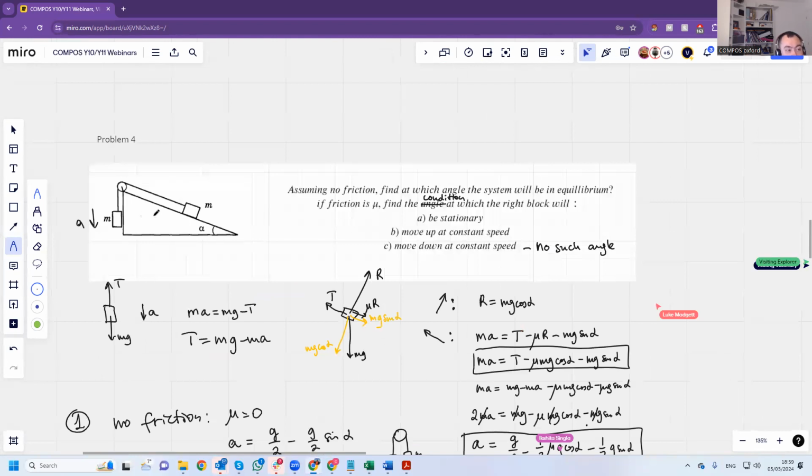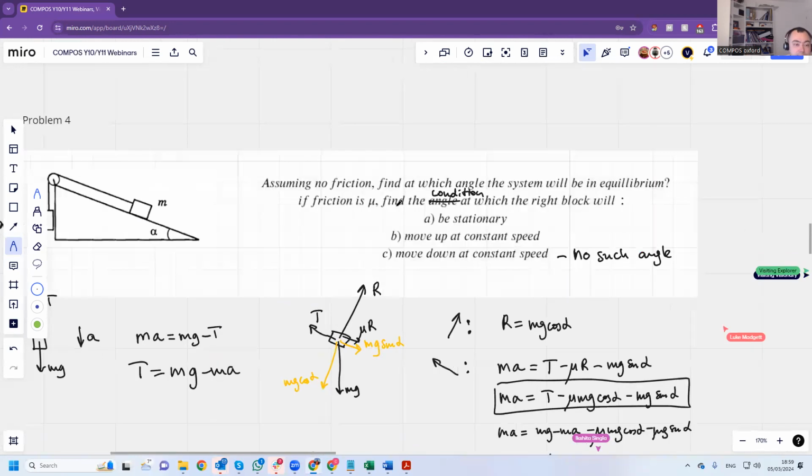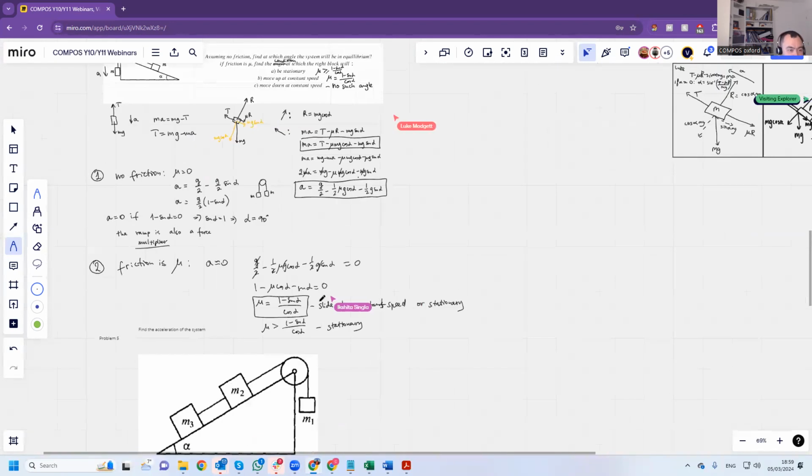You can only slide up or remain stationary if there's enough friction. And so mu is greater or equal to 1 minus sine alpha over cos alpha. Okay, so that's that.